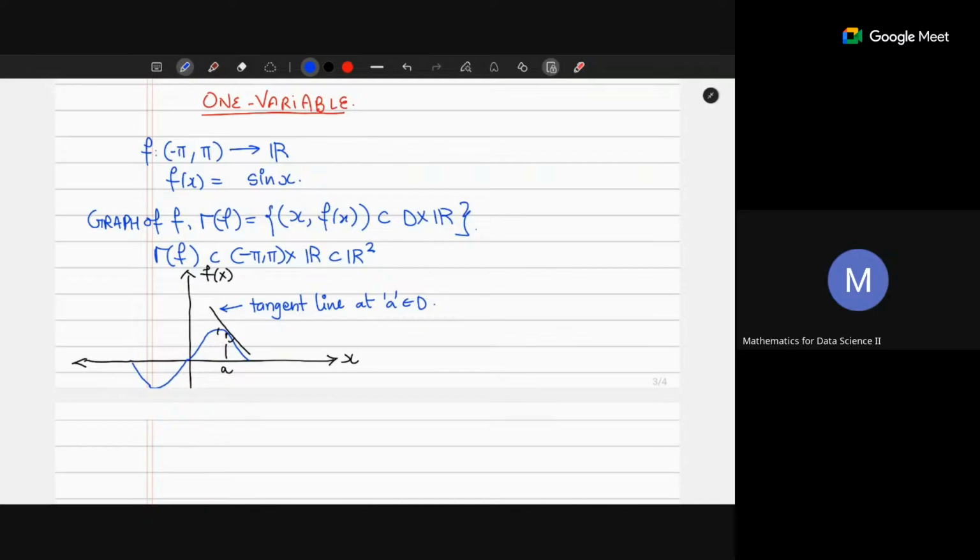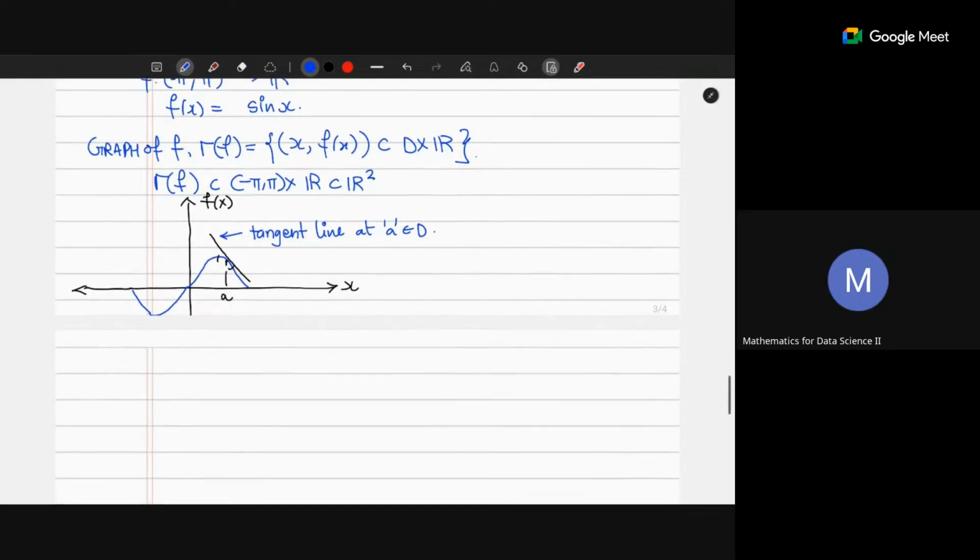So how to find out the equation of this tangent line? Yeah, you guys can participate because this is one variable calculus.